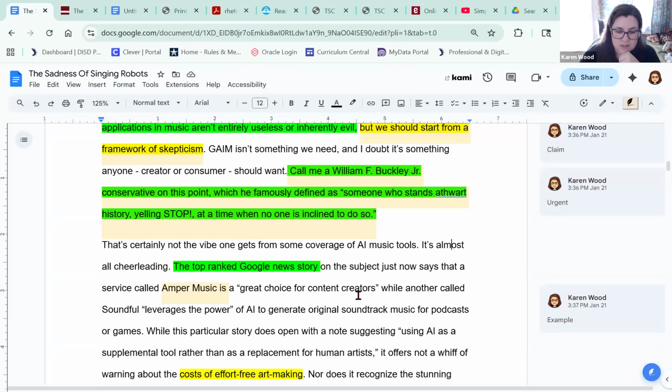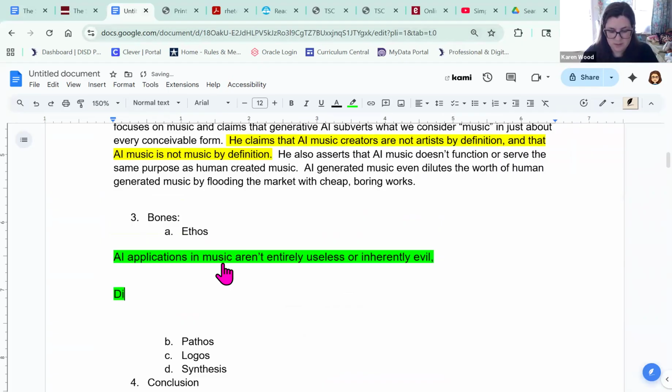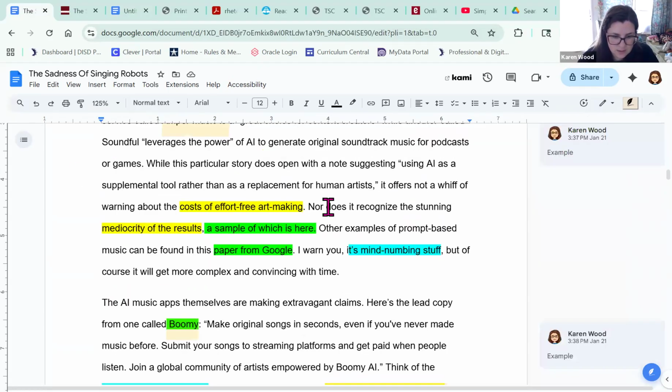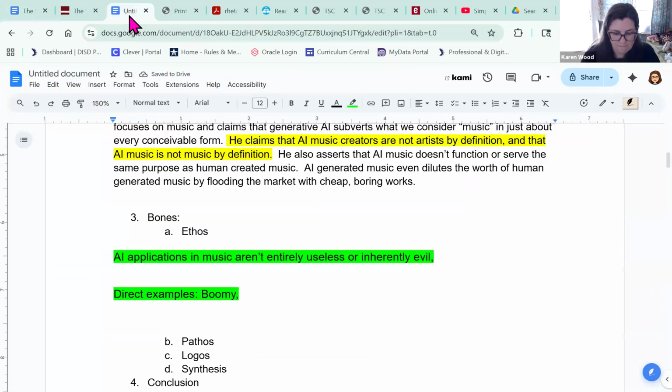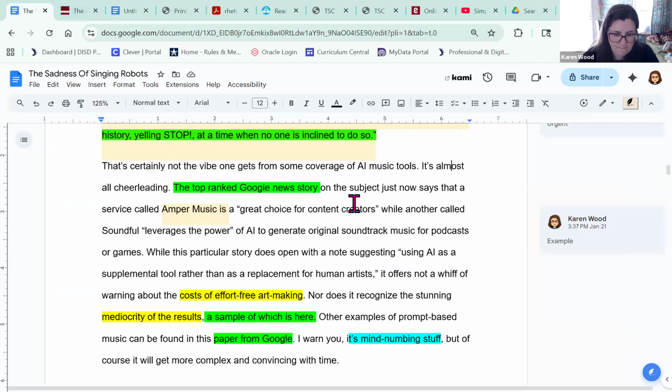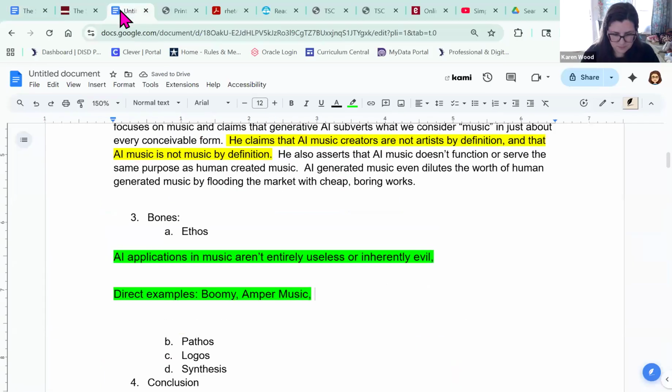I also noticed that he's using a lot of direct examples. So I'm going to put, so he has Boomy. What was the other one called? Amper Music. Samples.